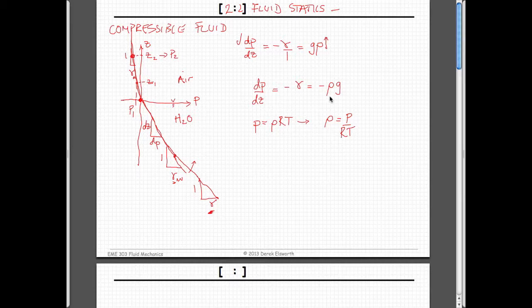So just rearranging that, we could certainly put it in here. And so we'd have something that says the change in pressure with elevation, this is pressure, not density, is equal to minus gravity times rho, which is pressure over RT.